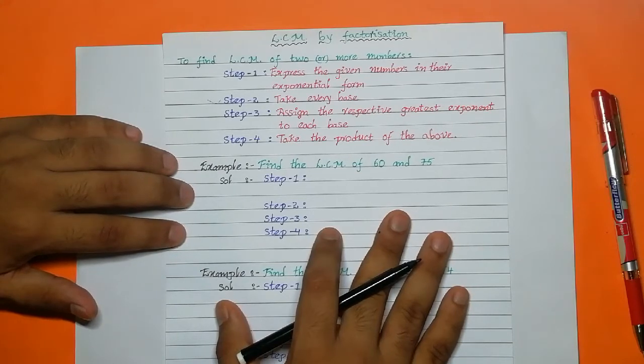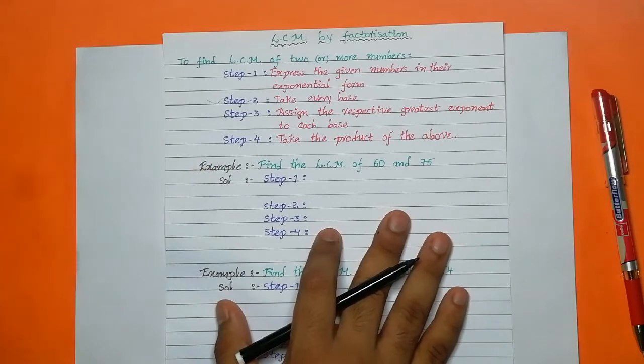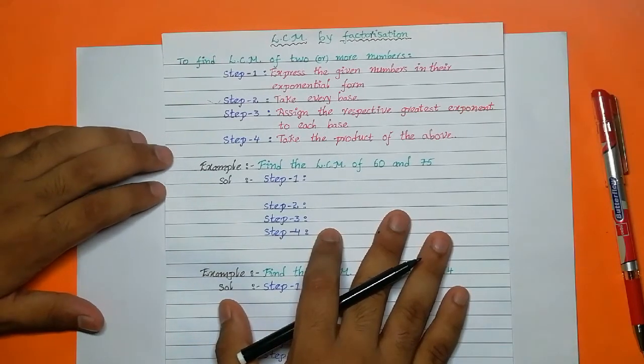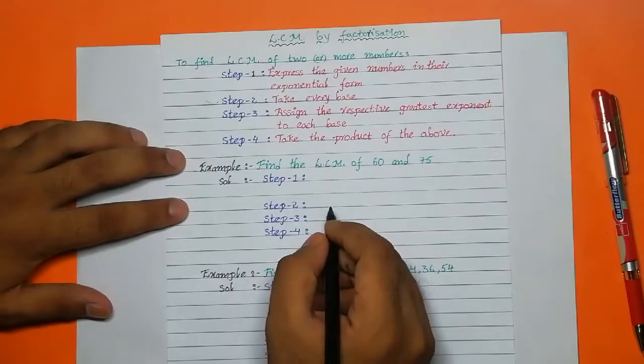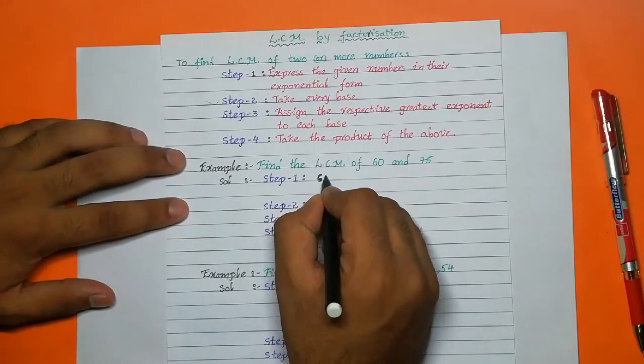Find the LCM of 60 and 75. First, we have to find prime factors of 60 and 75.